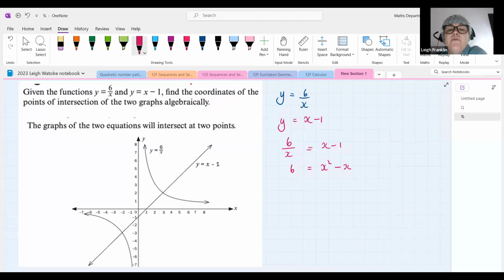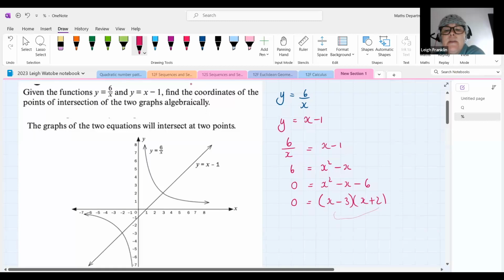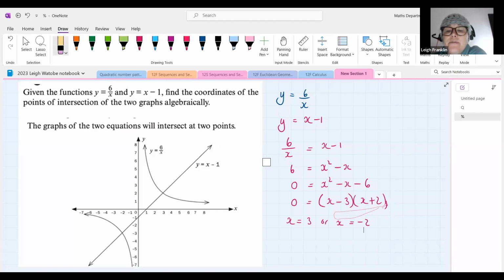Then get it into standard form and factorize: x minus 3 times x plus 2, and we have two solutions for x. Either x is equal to 3, or x is equal to -2.